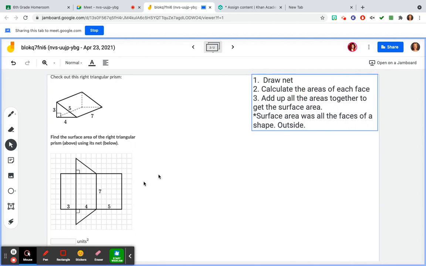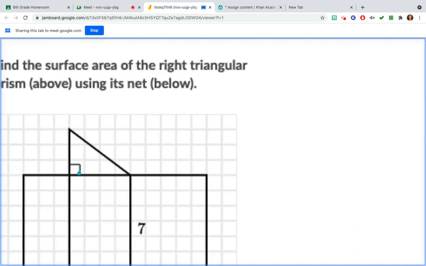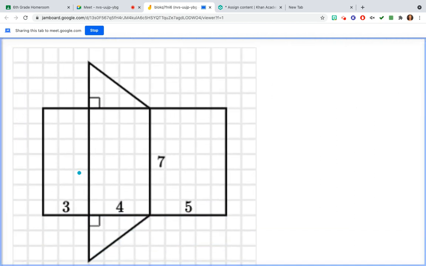I'm going to go ahead and fill in my dimensions because that's the trickiest part of this. Sometimes if you end up with a width of 5 and a length of 7, when you unfold that shape and draw the net, it's hard to think, is this a 5 or a 7?